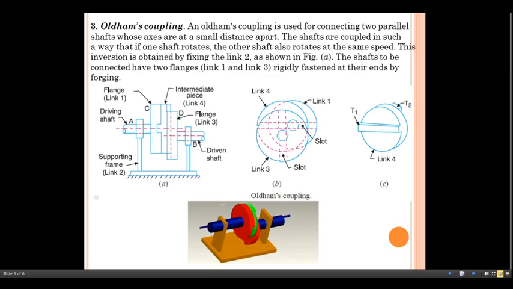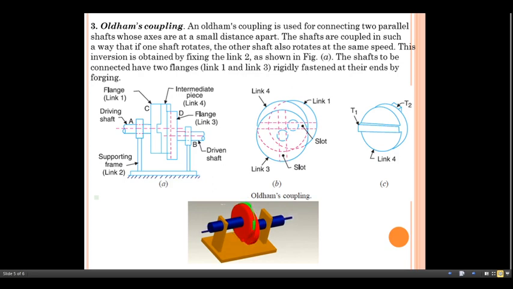Whenever we drive this, it starts to rotate. When the driving shaft is rotated, flange number 1, which is connected to the driving shaft, also rotates by the same angle. The intermediate piece is also rotated by the same angle through which flange number 1 has rotated.